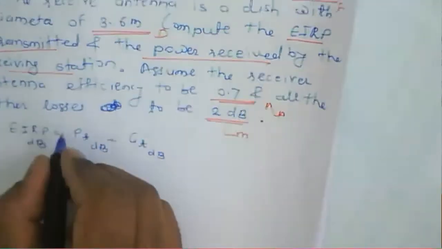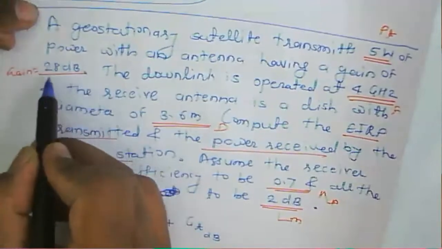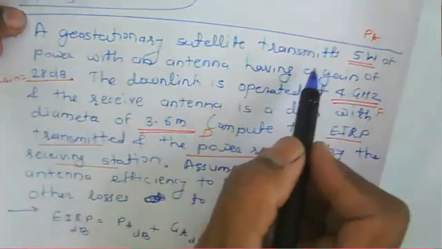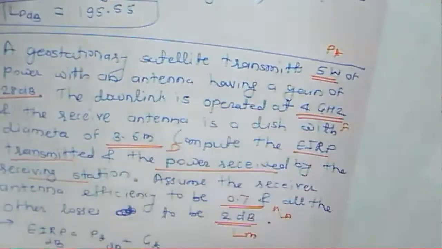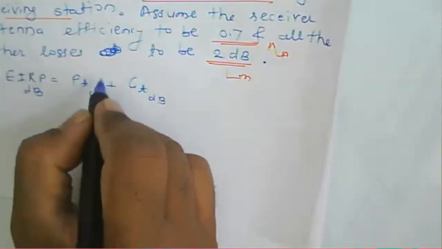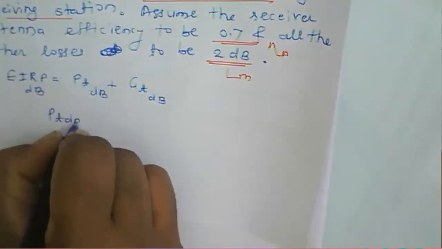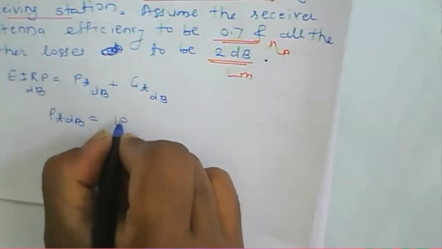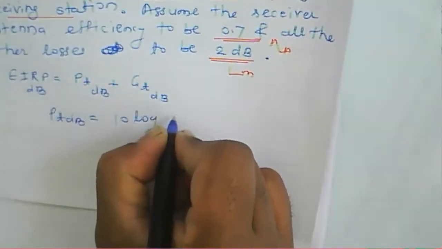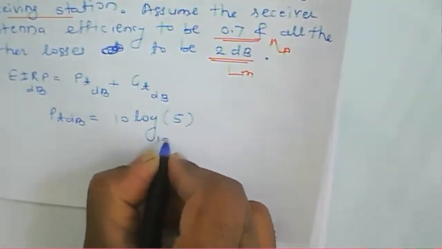So the gain of the transmitting antenna is 28 dB. But the satellite transmit power is 5 watt. So gain is in dB right now, but we don't have the value of transmitting power in dB. So PT in dB is equal to 10 log of the transmitting power, 5 watt.